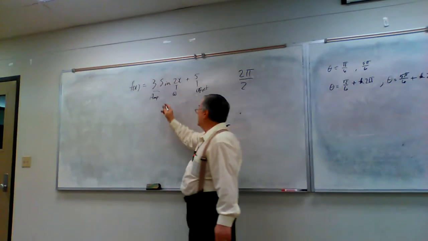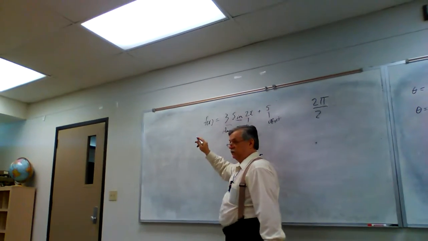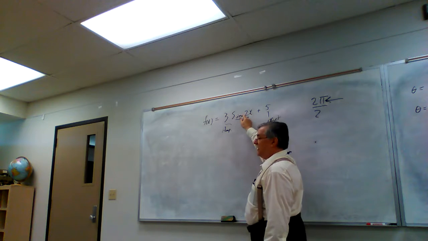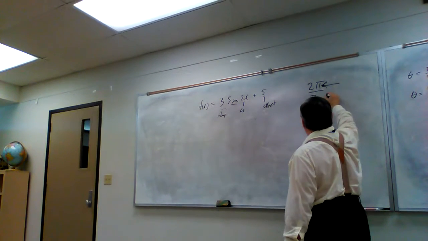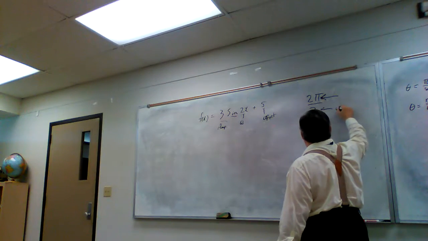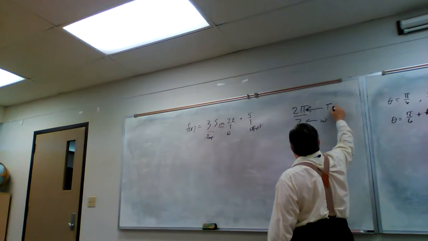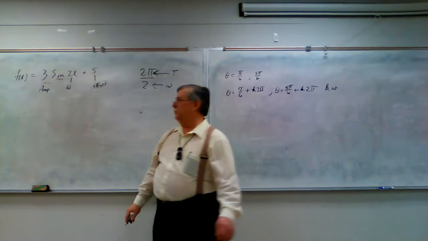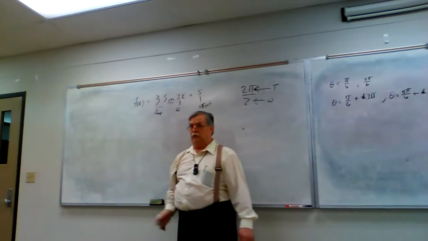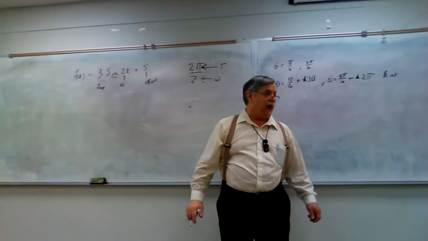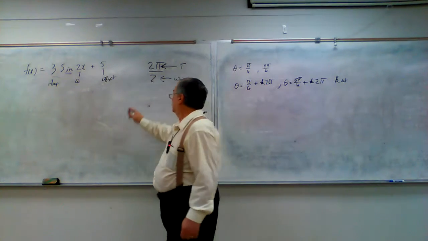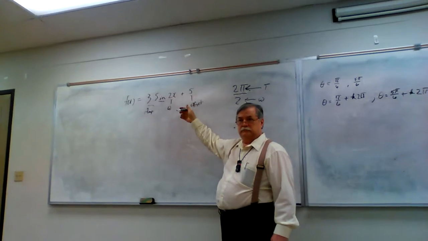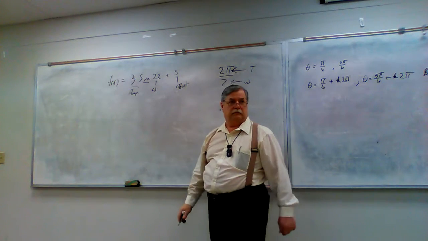It's the period of the sine function, 2 pi, divided by the angular frequency. If this were sine of x over 2, omega would be 1/2. And the period would be 2 pi divided by 1/2, or 4 pi.